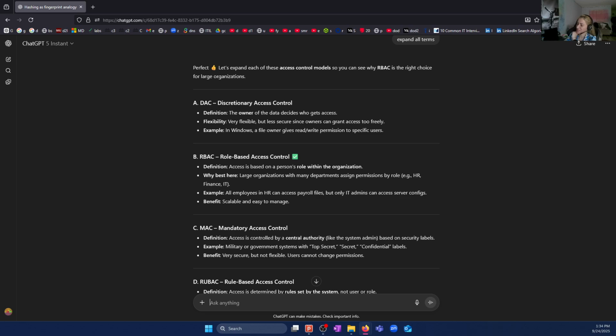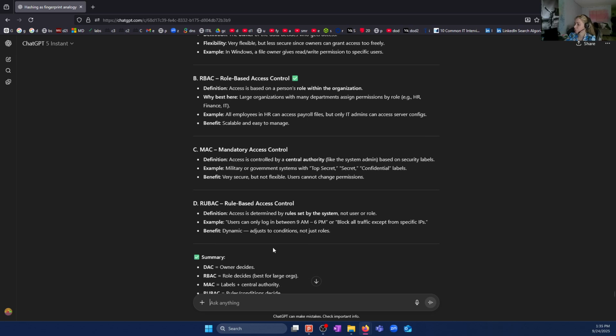Access control by a central authority, mandatory, based on labels, classifications, right? Very secure, not flexible. Users cannot change permissions.